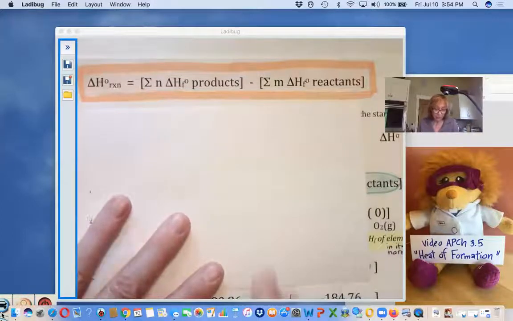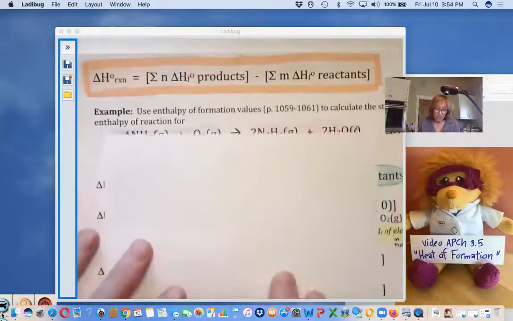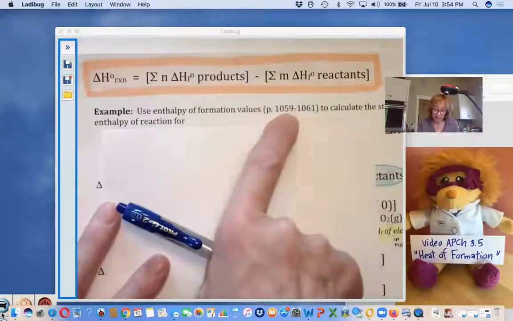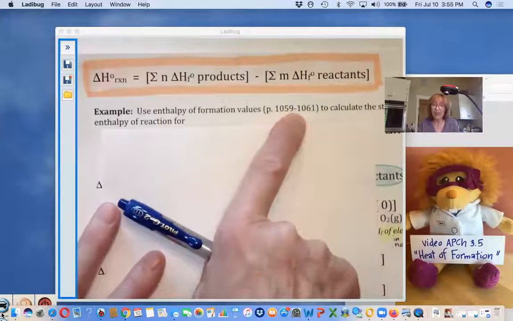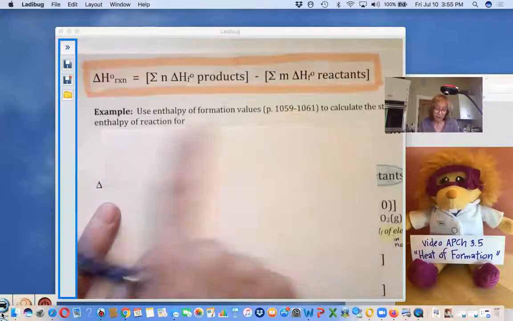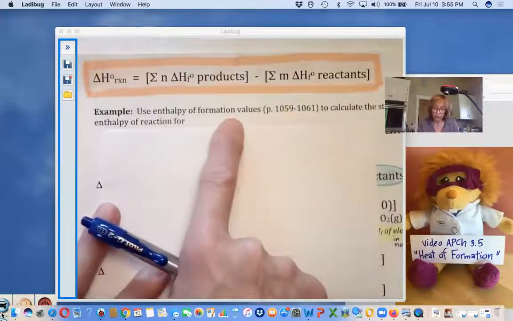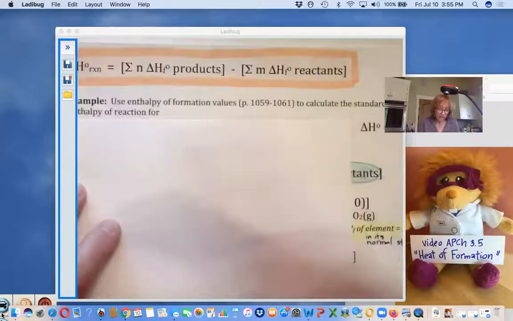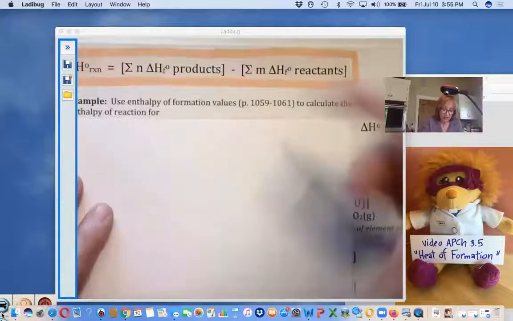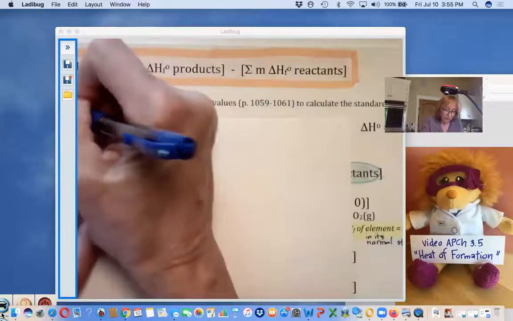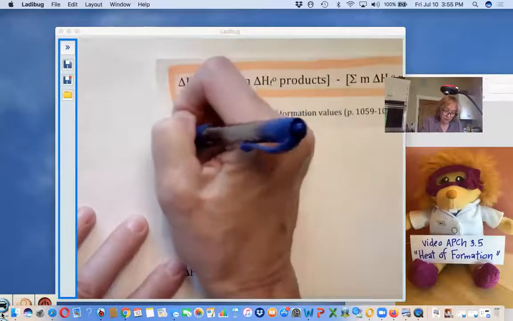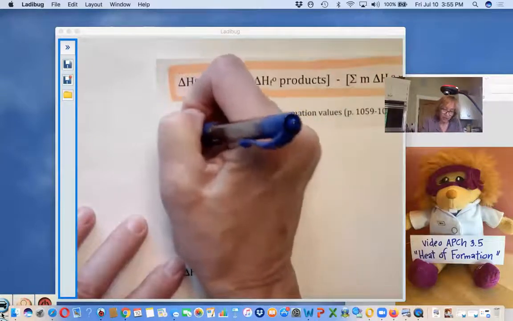Okay, let's look at one example here. So grab your textbook and look in the index in the back. There's several pages that contain enthalpy of formation values, and we're going to use those to calculate the standard enthalpy of reaction. That's simply the delta H of reaction.